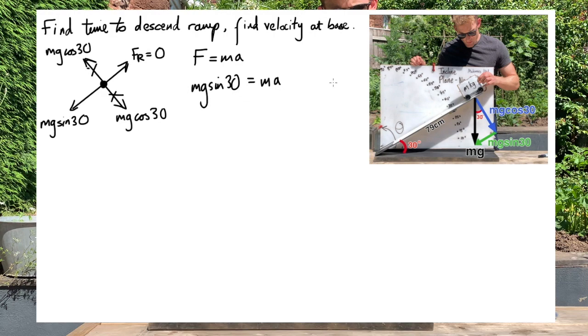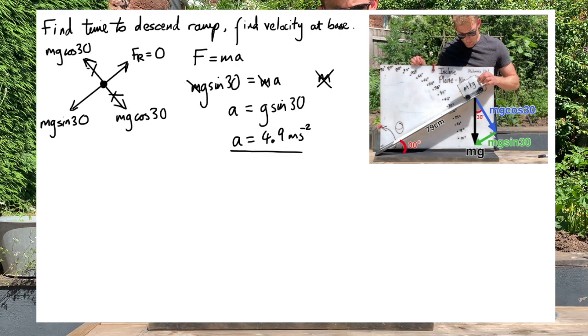And at this point you can see that the m's cancel. Therefore our acceleration is g sine 30, which is 4.9 meters per second squared. So by looking at this, we can see that in a frictionless situation, the m's cancel out.